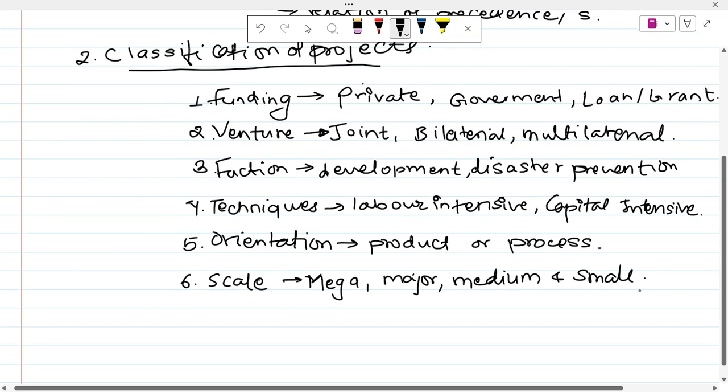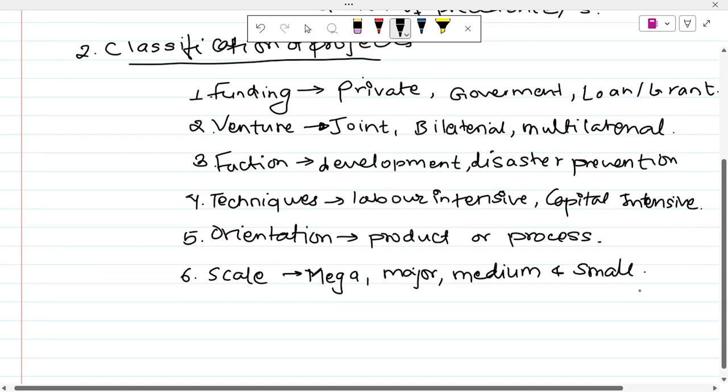Now let's move into the project life cycle phases.